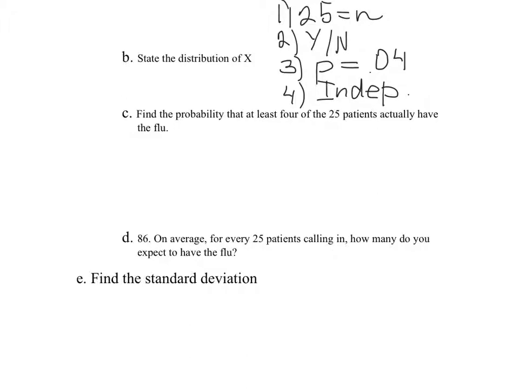So, since all 4 conditions hold, we can say that x is distributed binomially. The parameters for the distribution are n and p, so it's 25 and 0.04.